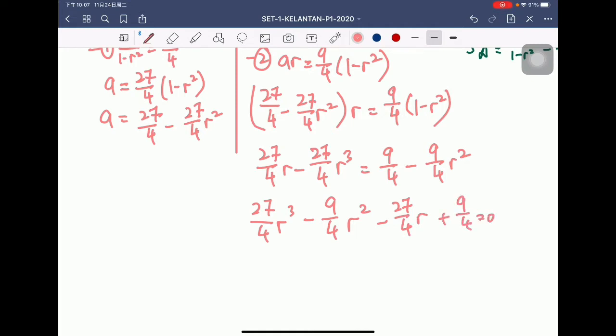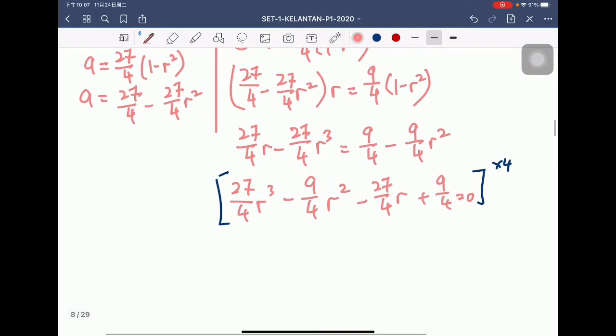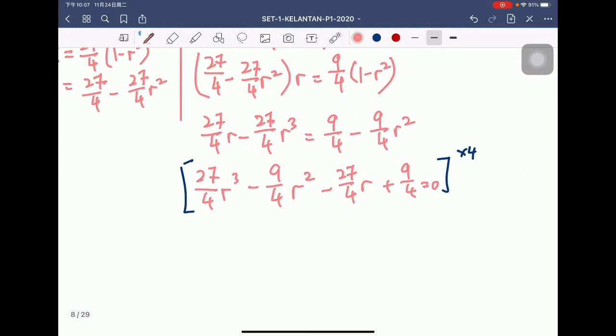And you can see we can multiply the whole equation by 4 to cancel out the denominator. After we multiply by 4, it becomes 27 R cubed minus 9 R squared minus 27 R plus 9 equals 0.